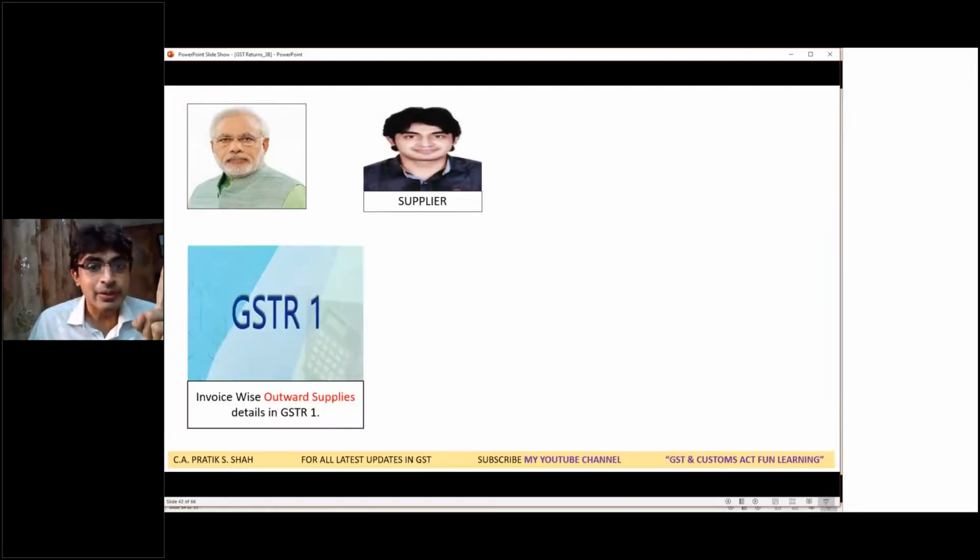Now see what happens if I am a supplier. I will file GSTR1, in which I will give the invoice details of what I have sold to Anil sir.